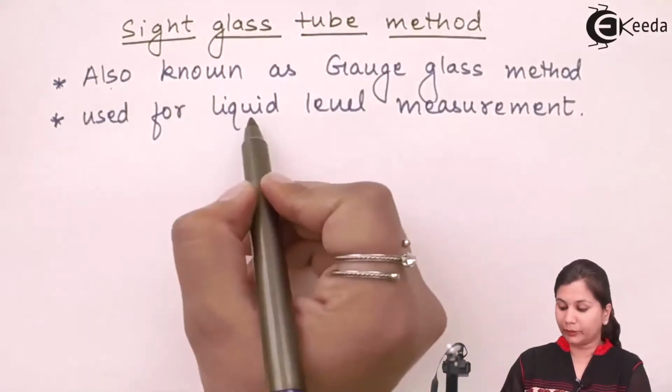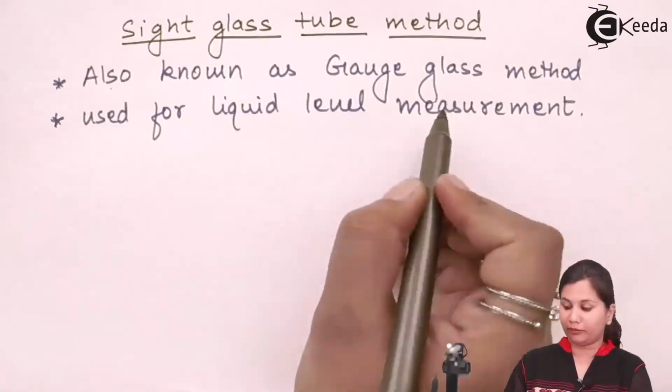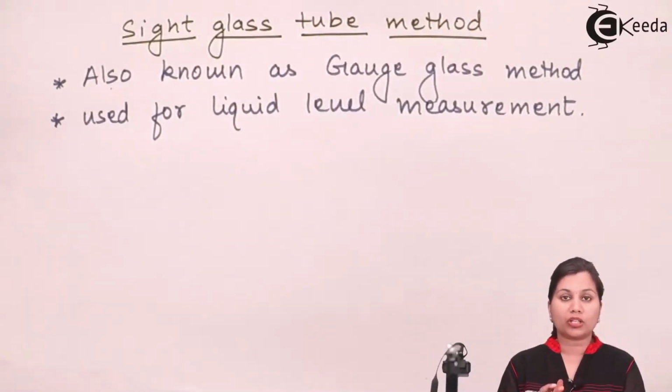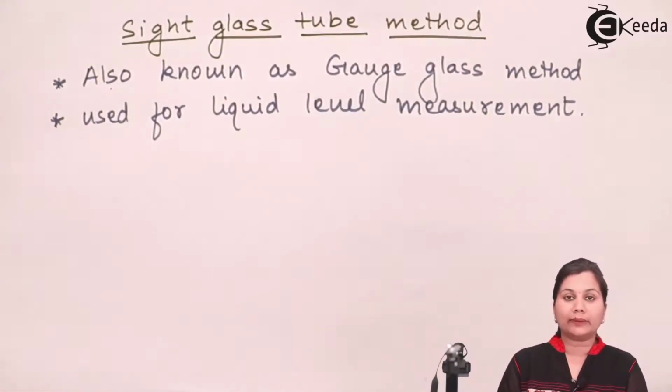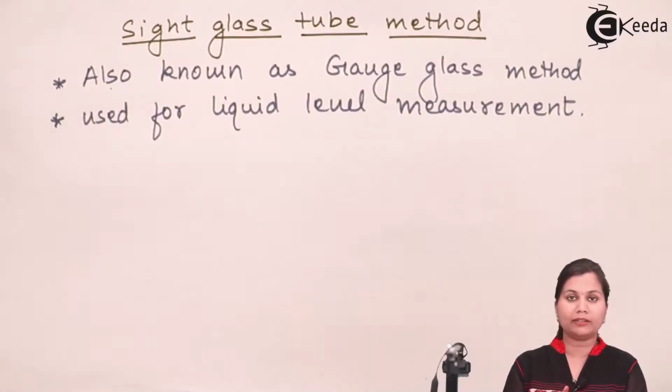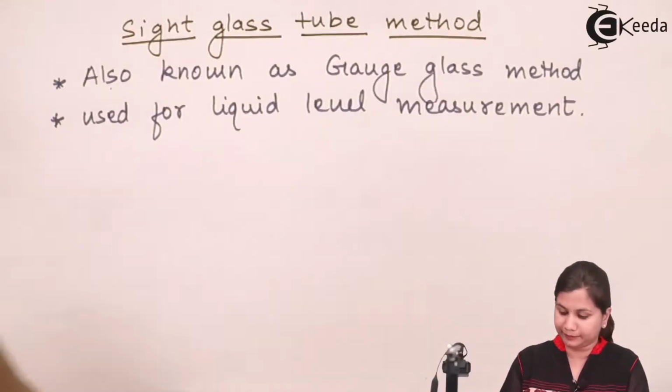By the term liquid level measurement, we mean that we are using this method to measure the level of liquids. So what is this liquid level? Liquid level is defined as the position or height of the liquid above a datum line or a reference line.